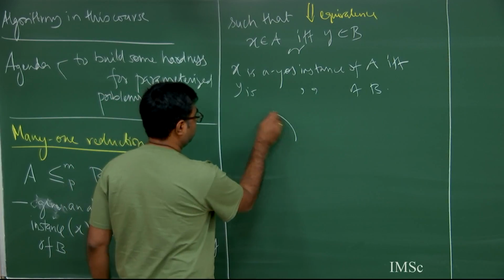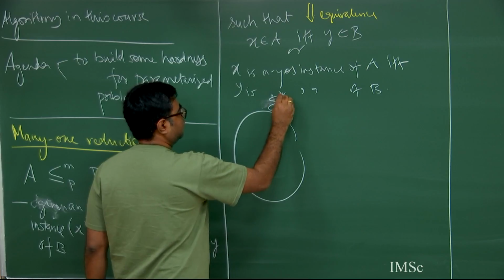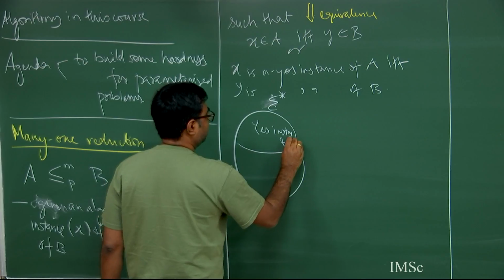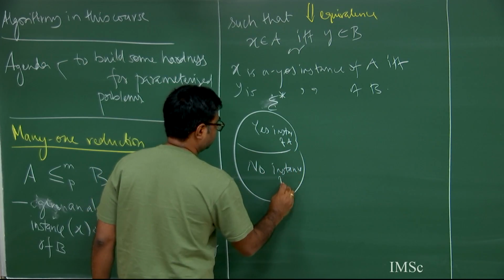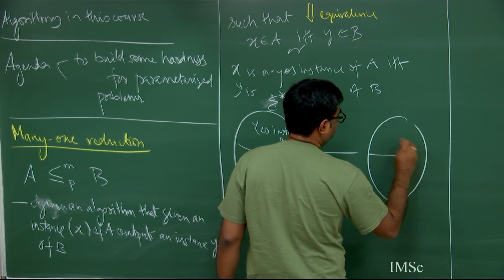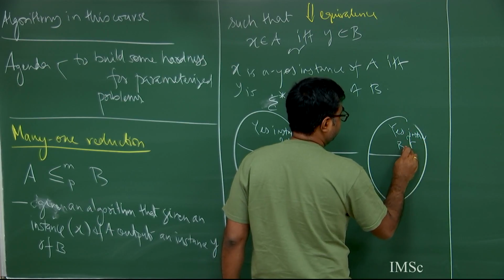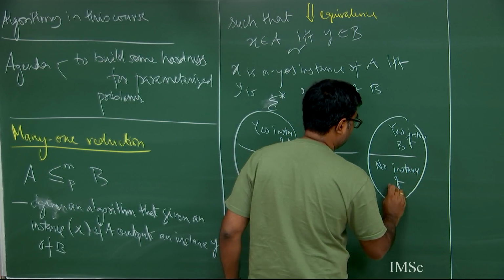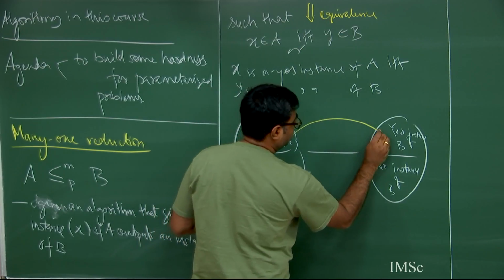So in other words, suppose here is sigma star, and here are the yes instances of A, and here are the no instances of A. Then this algorithm, and here are the yes instances of B and the no instances of B. So if you give me an instance here, this guy will map somewhere here.